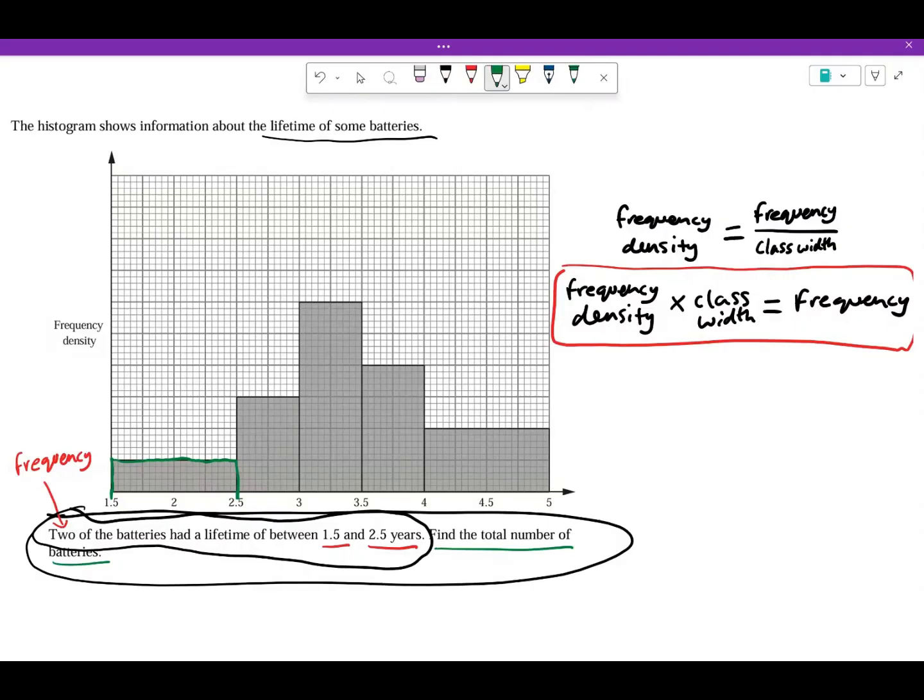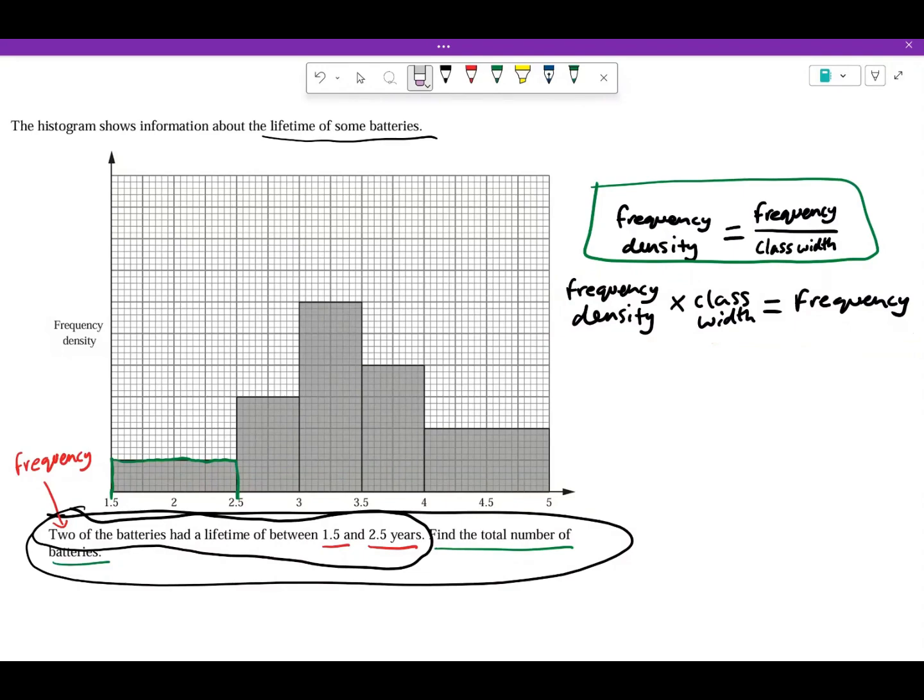So if I go to my first formula for frequency density up here, we've been given a frequency, which is 2, and then we need to divide by my class width to get the frequency density. So I'm going to write equals 2 and write FD to represent frequency density. Now, what is my class width of 1.5 to 2.5? Well, the difference between those values is 1. So I'm going to divide by 1. So the answer comes out as 2.